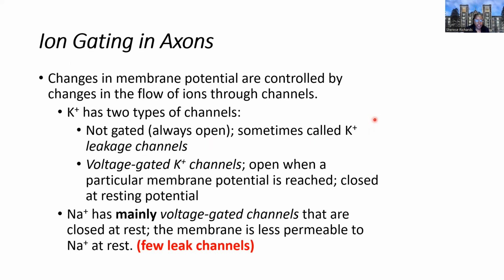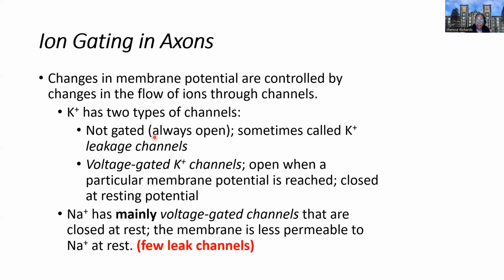Looking more specifically at the way that the channels open up, basically changes in the membrane potential, which are controlled by the flux of ions. This is what was responsible for opening up, or in some instances closing, the gated channels for potassium and sodium. So for potassium, we have some leak channels. Remember, potassium has a much higher permeability when the neuron is at rest.